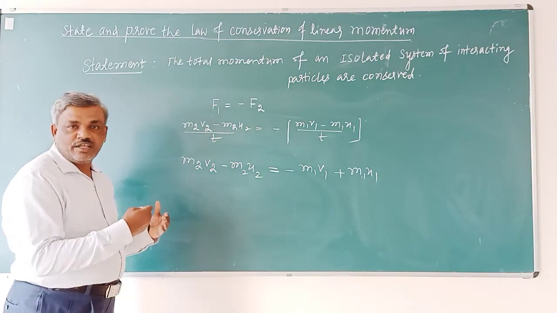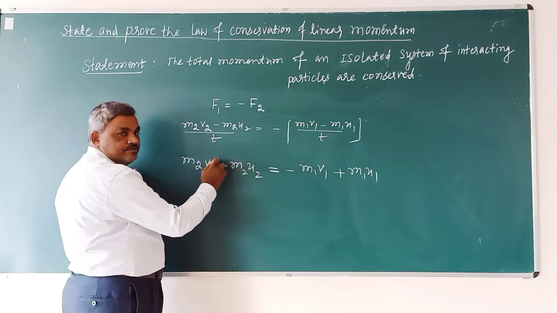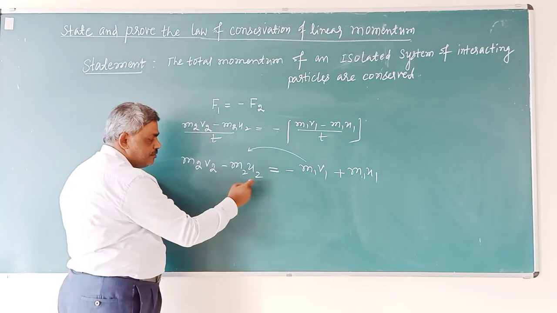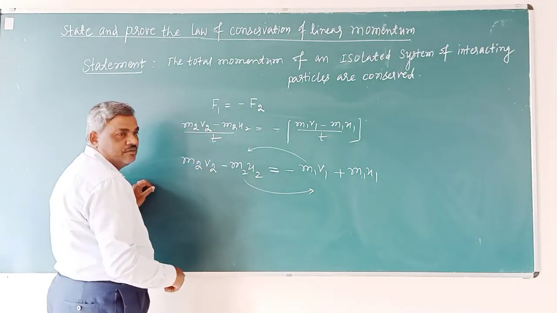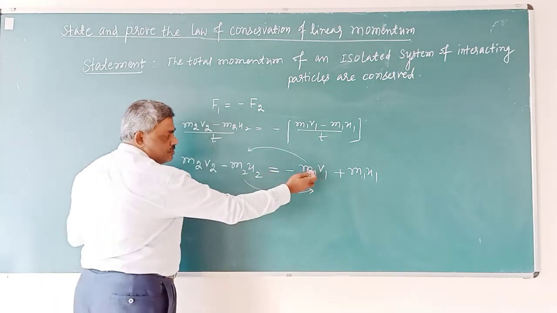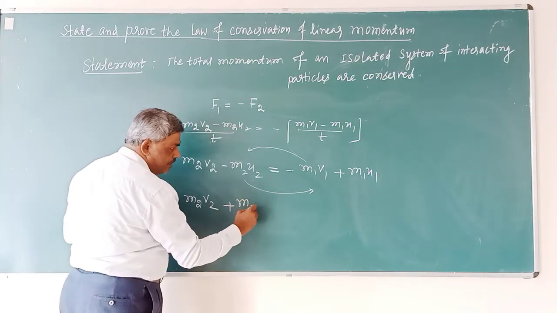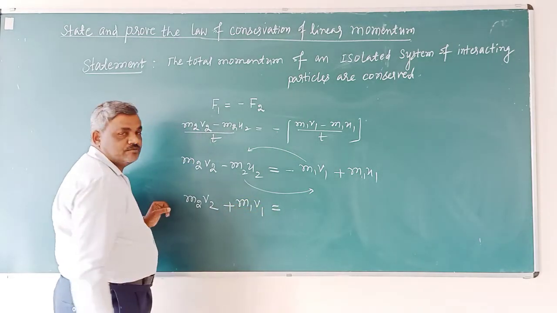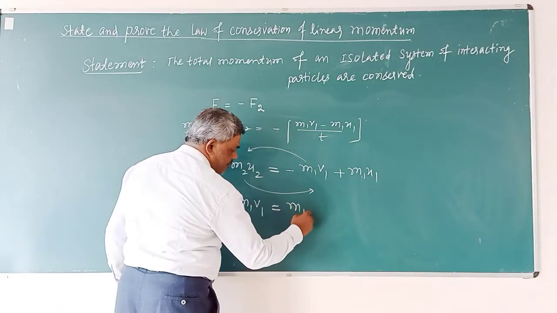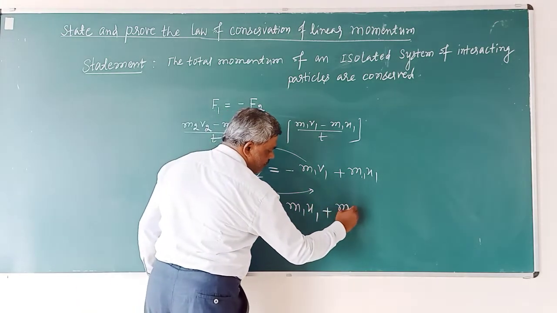After you rearrange this equation, take minus m1 v1 to the left side, and take minus m2 u2 to the right side. So minus becomes plus m1 v1, and on the right side m1 u1, and m2 u2.